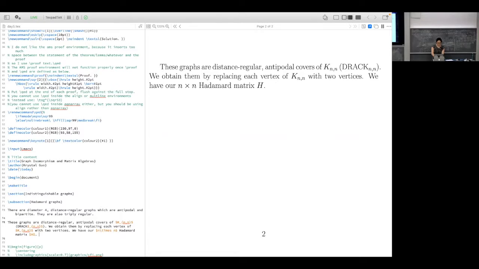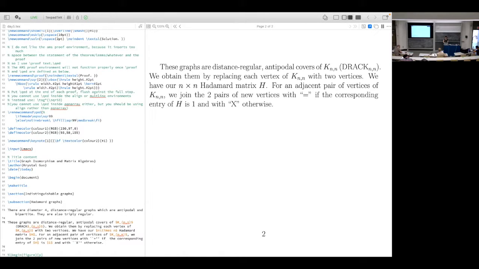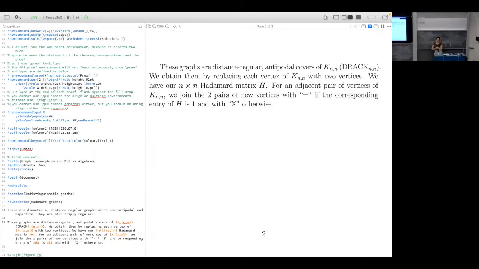So for an adjacent pair of vertices, we join the four new vertices, the two pairs of new vertices, with an equal sign if the corresponding entry of H is 1: vertex 1 and vertex 2 are attached to each pair, so we join 1 to 1 and 2 to 2, and otherwise with an X. This is going to be a double cover of K_{N,N}, and it turns out to be distance regular.